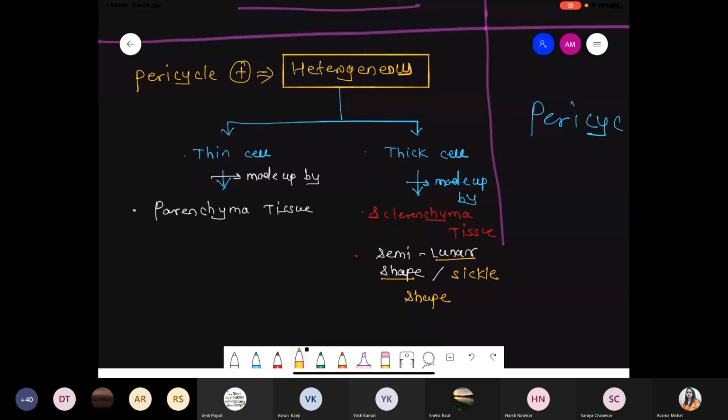And another point with respect to shape, it has a semi-lunar shape, also called the half moon shape or the sickle shape, right? So it looks like that, जिस तरह से दिखाई देगा, like that. That's why it is called the semi-lunar shape.